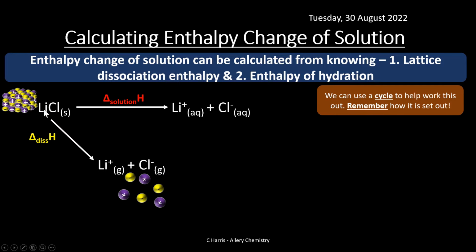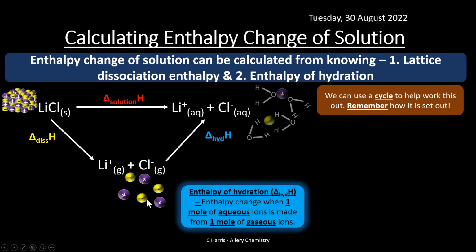So this is enthalpy of dissociation, breaking that up. And then we've got enthalpy of hydration, which is when the water molecules surround the gaseous ions that are formed here. It's the enthalpy change when 1 mole of aqueous ions is made from 1 mole of gaseous ions.